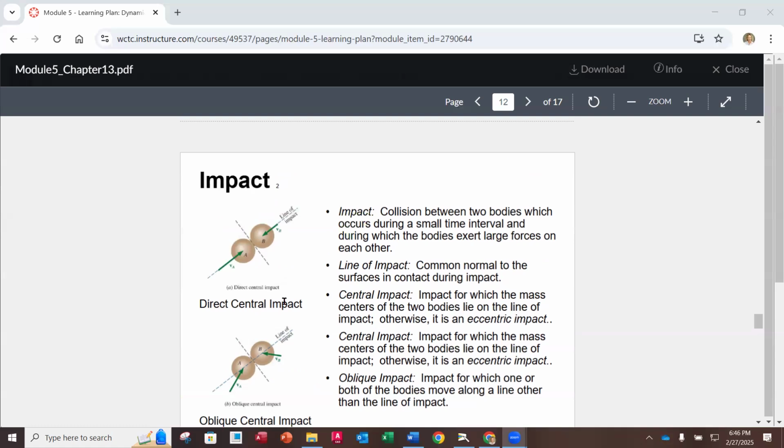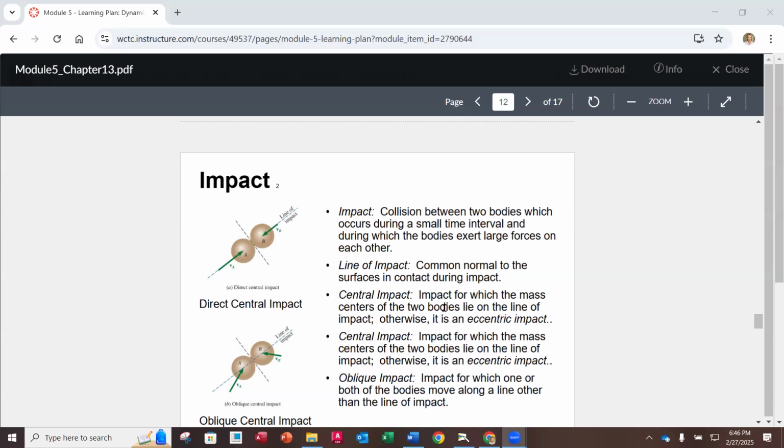Now, the impact itself is a collision between two bodies that occurs in a very small amount of time. Classic examples are sporting equipment: baseballs with bats, tennis balls with rackets, golf clubs and golf balls, that type of thing. As we identified already, the line of impact is the common normal to the surfaces as they are having the actual impact.